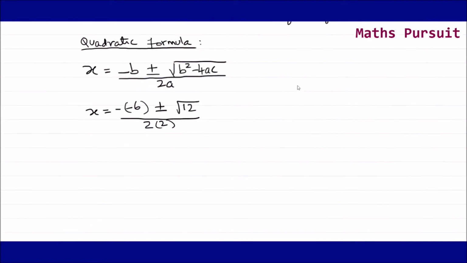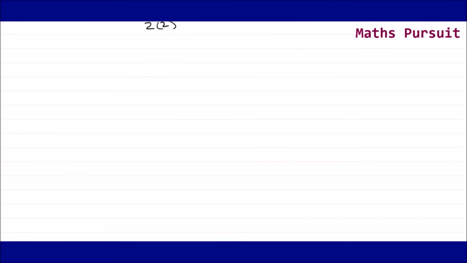Now let us solve this one. You will see what we are getting. Now I can write x is equal to minus into minus 6, it becomes plus 6, plus or minus root over 12 upon 4. So this is what I got: x is equal to 6 plus or minus root over 12 upon 4.